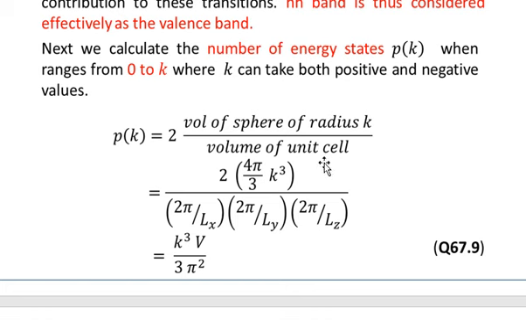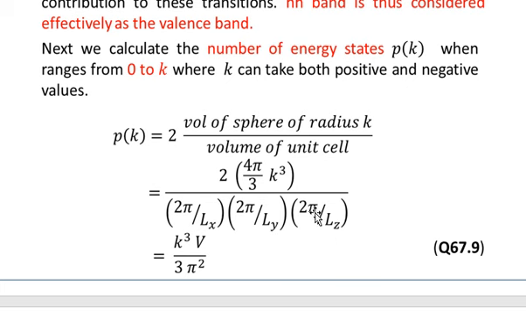and the volume of the unit cell in k space is 2 pi over lx, 2 pi over ly, 2 pi over lz. Actually this 2 pi over lx is kx for the parallelepiped having lx as its dimension, and 2 pi over ly is ky for the parallelepiped having ly as the dimension along the y axis.